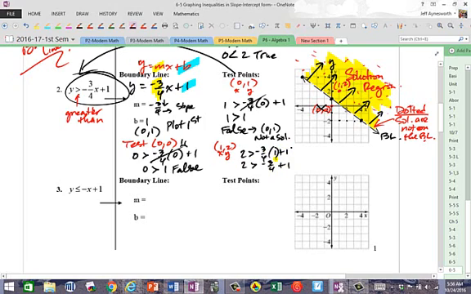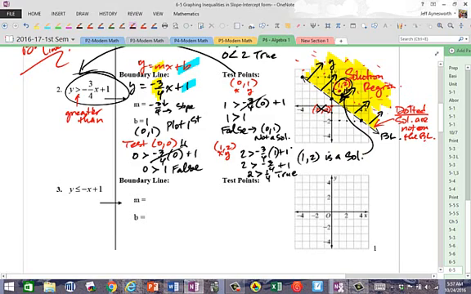Then you have to add 1 to get a fourth. So you end up with 2 greater than 1/4. And that's true. Okay, so 1 comma 2 is a solution, and that's why it's in the solution region. And it's right here.